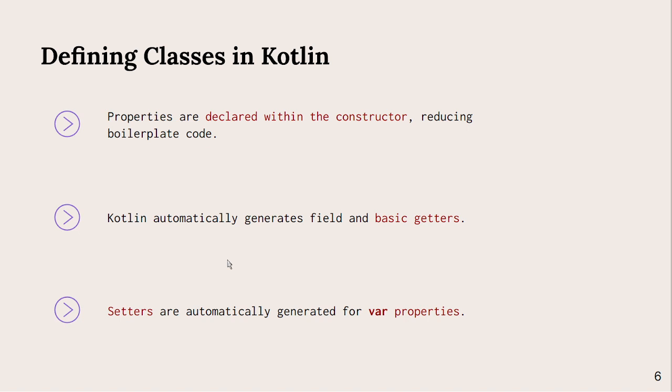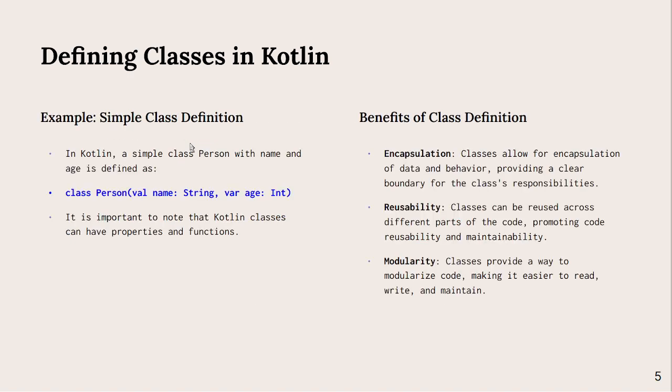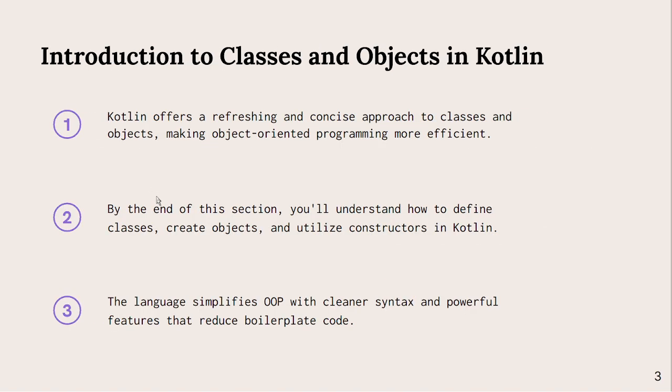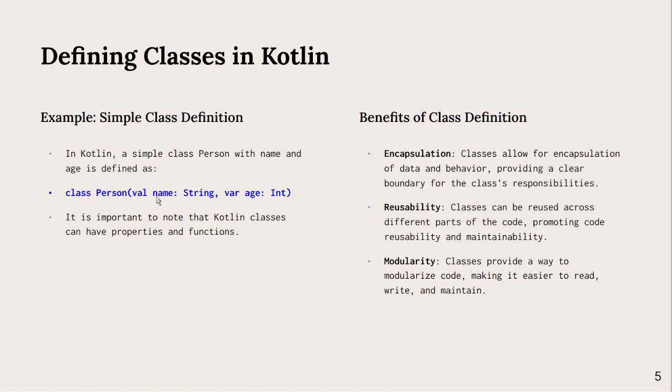Okay, so here properties are declared within the constructor, reducing the boilerplate code. As we mentioned, in the primary constructor, all the parameters are related to the properties.